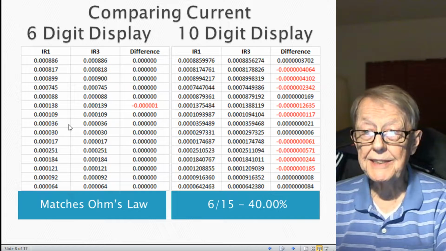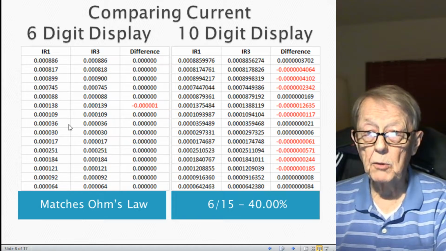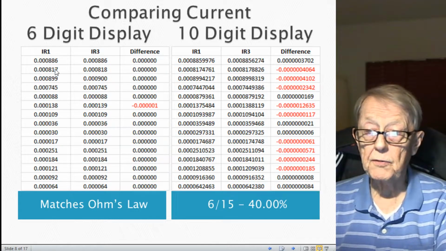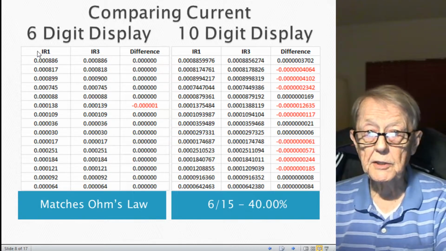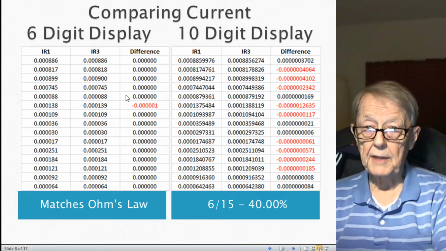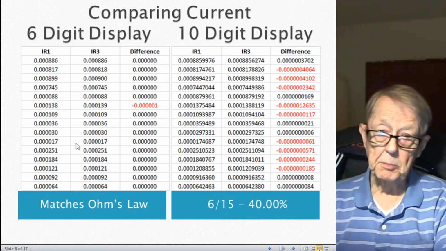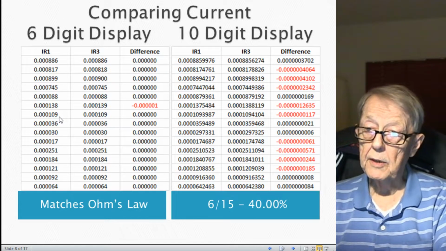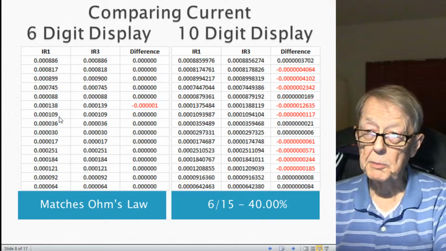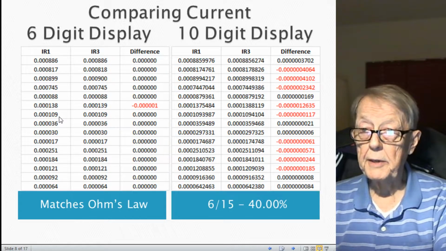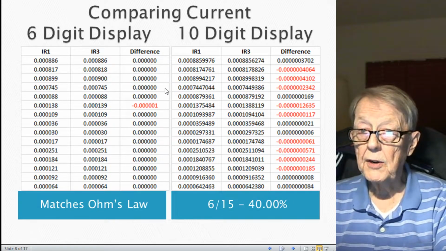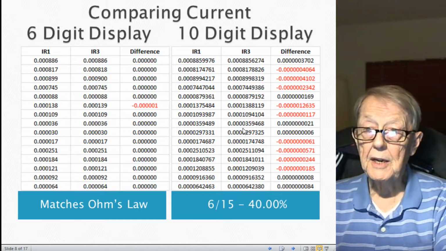But I used a 6.5 digit voltmeter to do the measurements of voltage and resistance, calculated the current, got this, and that's to be expected. I displayed that just to show that if you do this experiment yourself with an ordinary meter, you're not going to get results like this on this side.